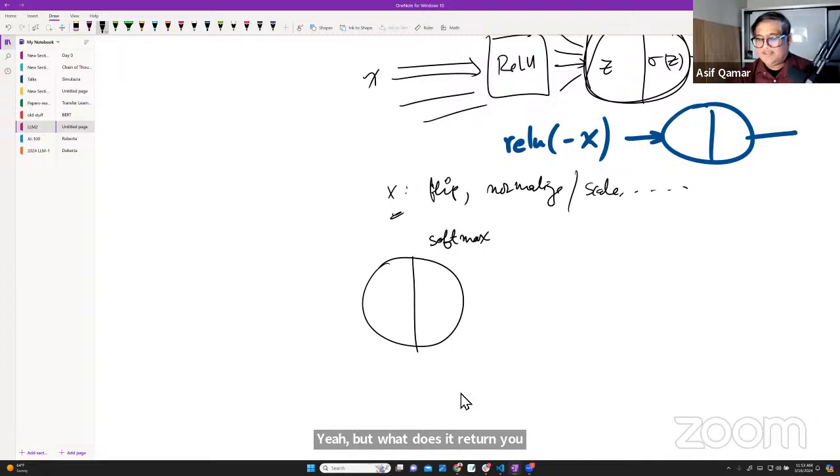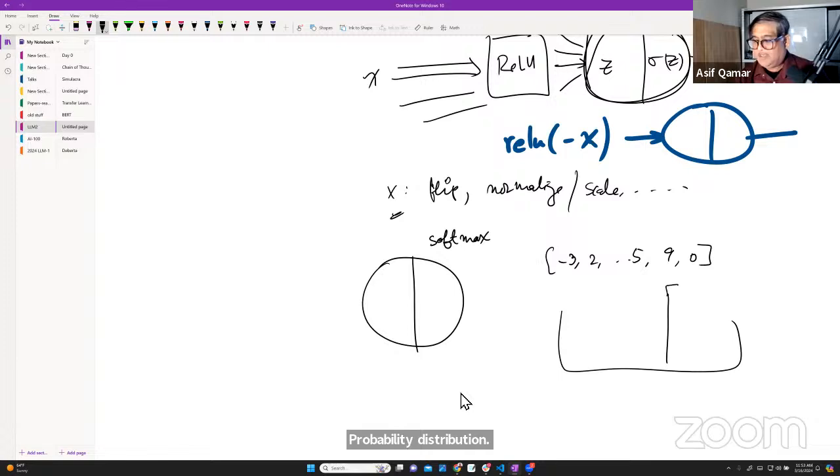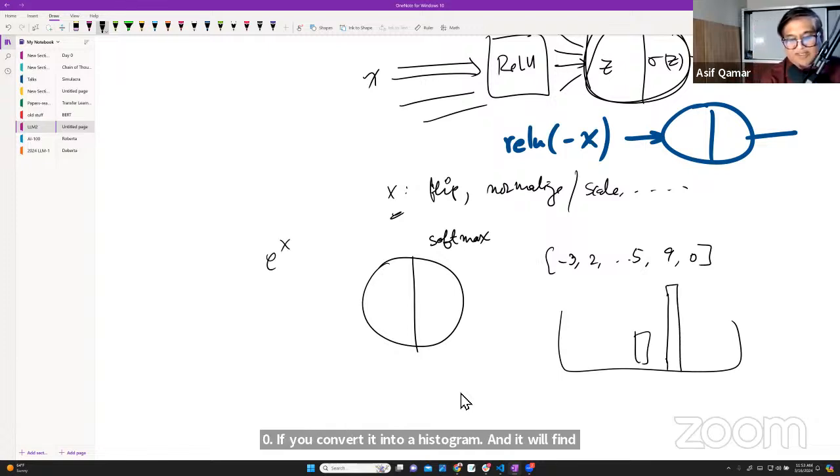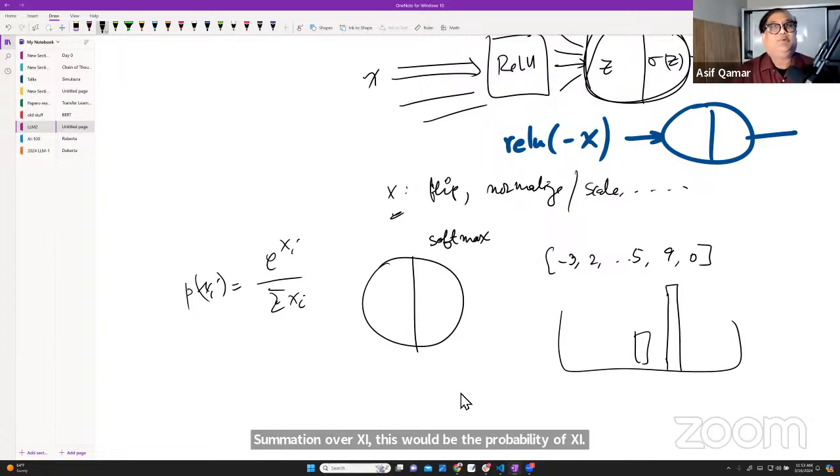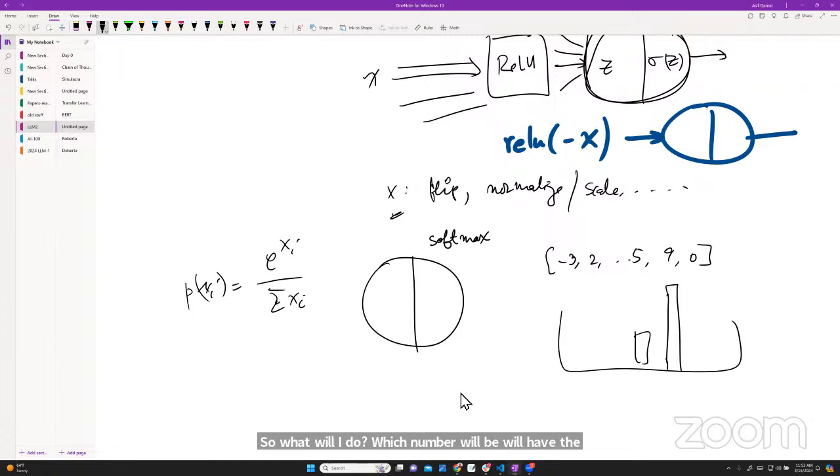So if you give it some numbers, -3, 2, 1, 5, 9, 0, it will convert them into a histogram and find you the tallest. It computes e to the x over the summation of e to the xi. This would be the probability of xi. Which number will have the highest probability? The largest number, right?